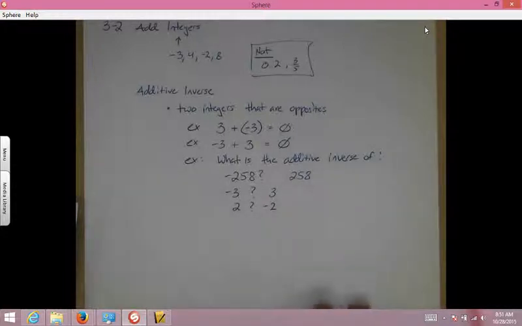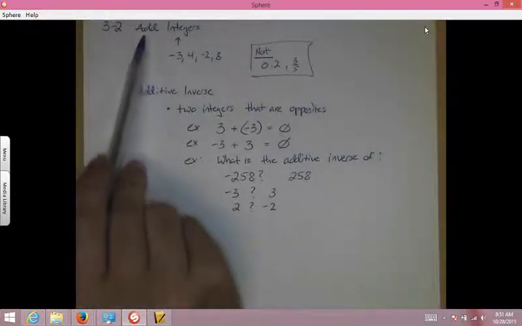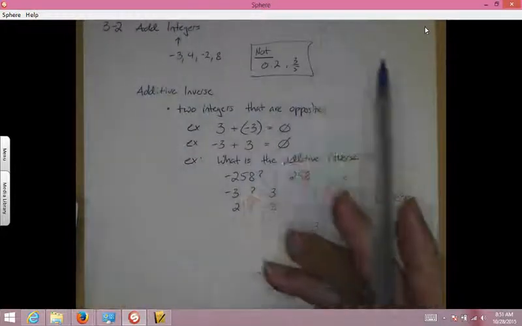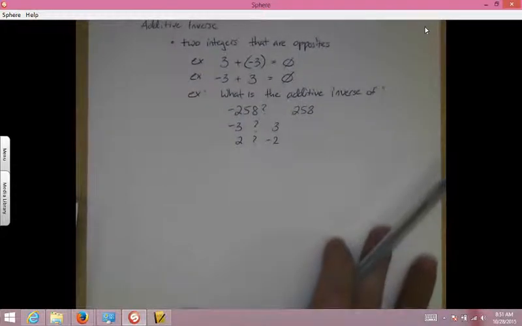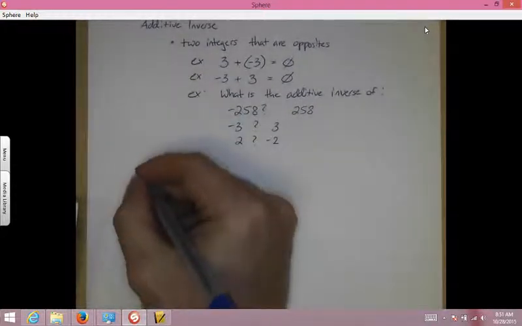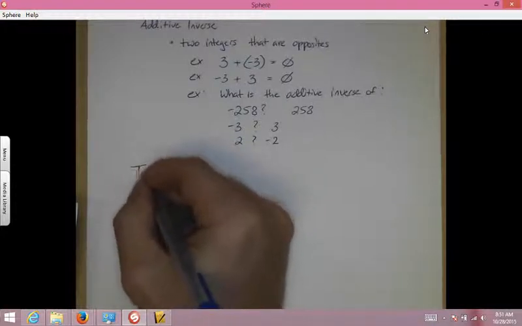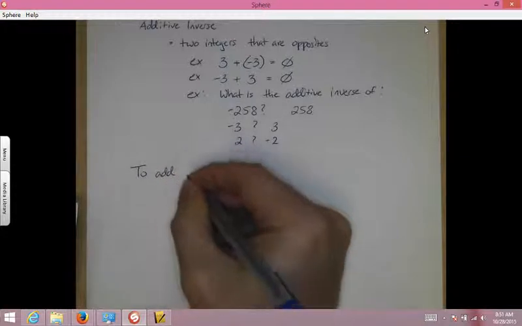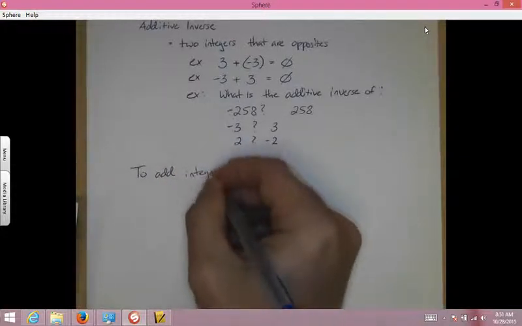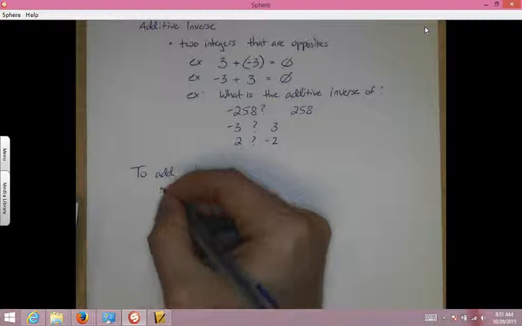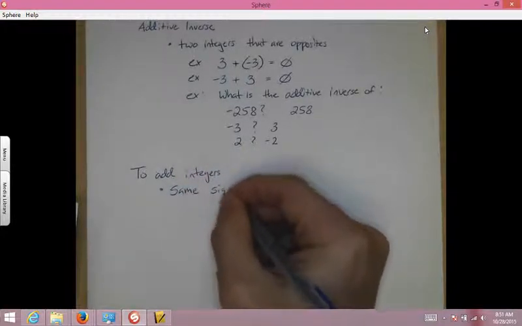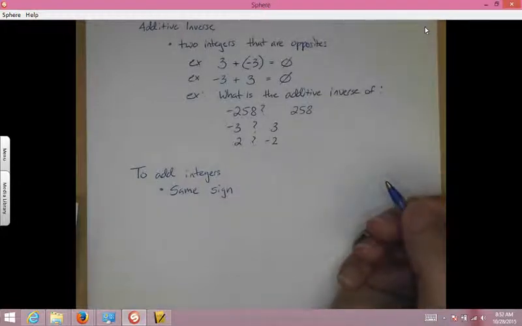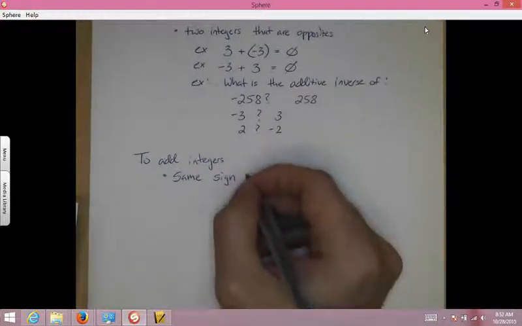Now, the whole name of this section was add integers, so now I'm going to give you the rules for adding integers. So, to add integers, if you have integers with the same sign, these are the easiest ones to do.